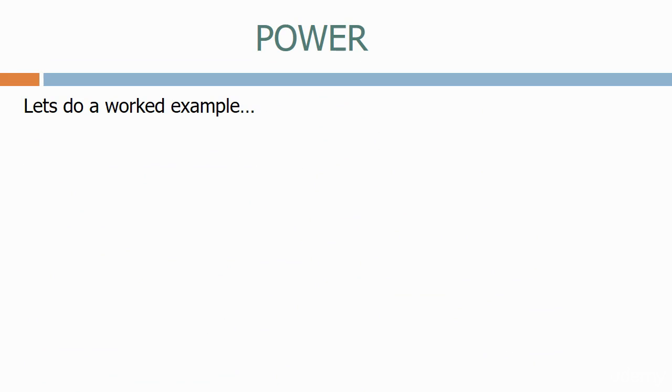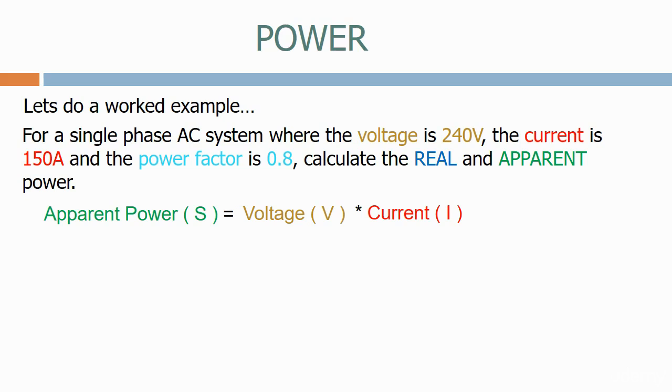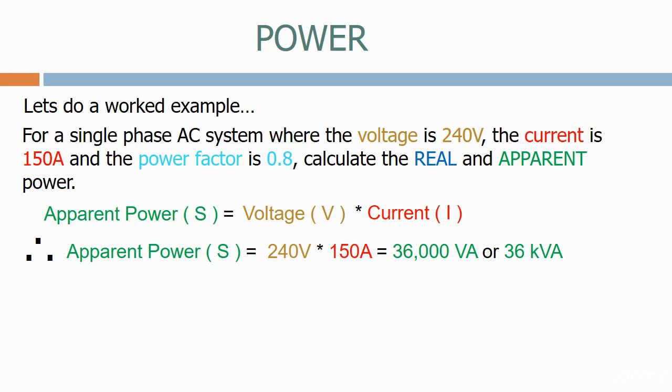Let's do a worked example. For a single-phase AC system where the voltage is 240 volts, the current is 150 amps and the power factor is 0.8, calculate the real and apparent power. The apparent power S is the voltage times the current. Therefore, the apparent power S equals 240 volts times 150 amps equals 36,000 VA, or 36 kVA.